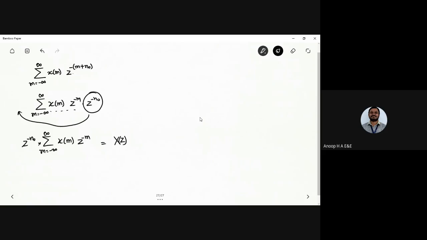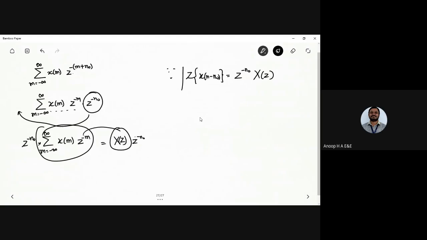This entire summation would be x of z, so I need to multiply with z power minus n naught. So the z transform of x of n minus n naught is equal to z power minus n naught times x of z. That's how I can recall the translation property of a given discrete time signal.